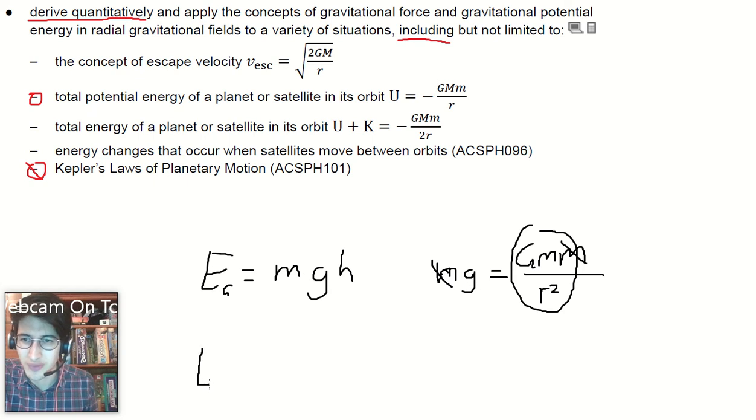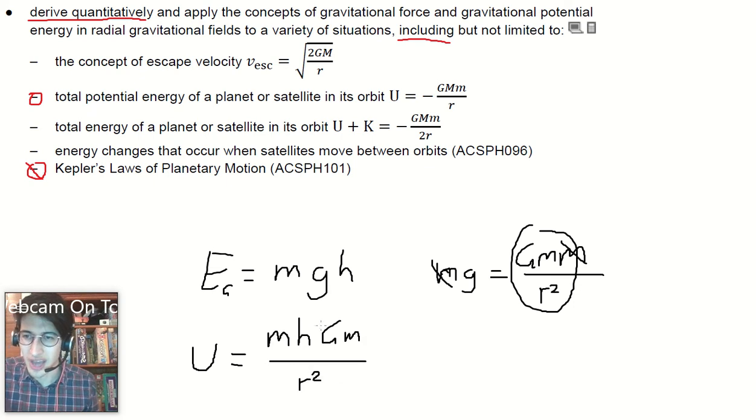So now we get gravitational potential energy. Well, I should write U because that's what the syllabus has. U is equal to m, let's say m, h, and little g. And little g is capital G M over r squared.